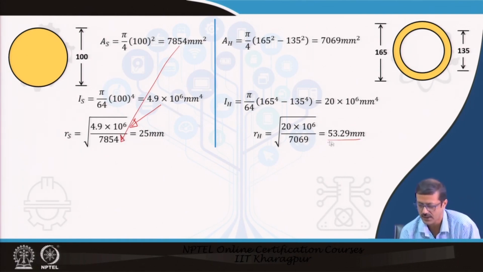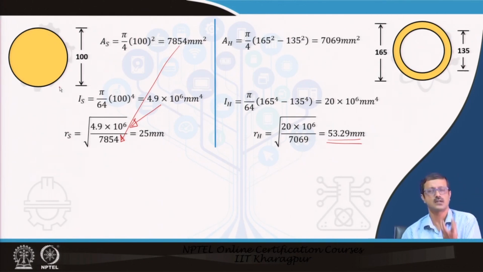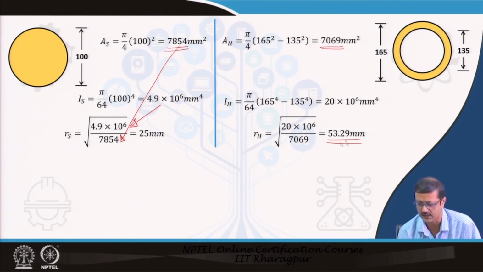So I can say that for this particular 100 mm dia solid circular section, the mass is concentrated almost about 25 mm around the center. In this case, with a comparable area, I may say that the mass is concentrated almost about 53.29 millimeter away from the center.